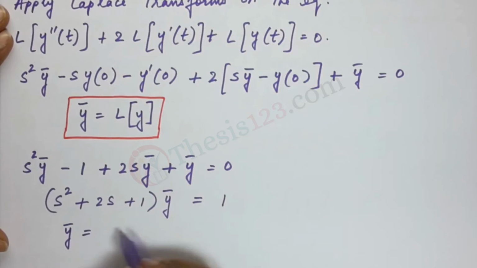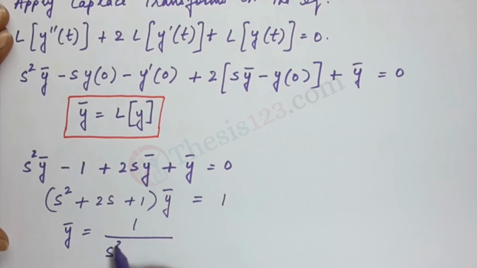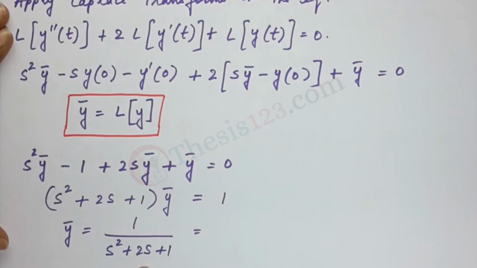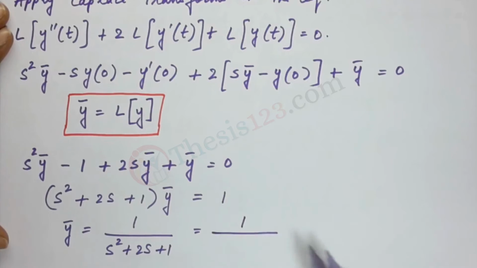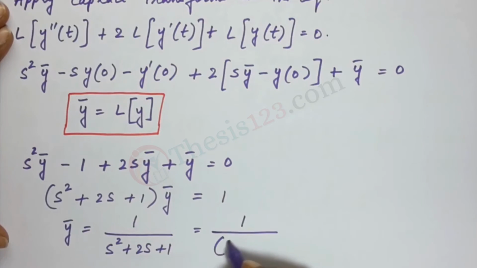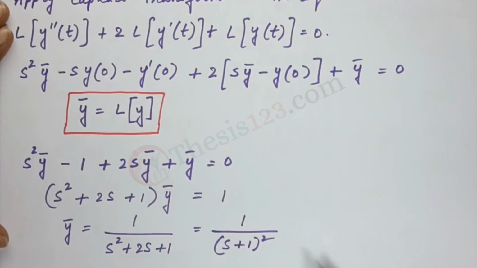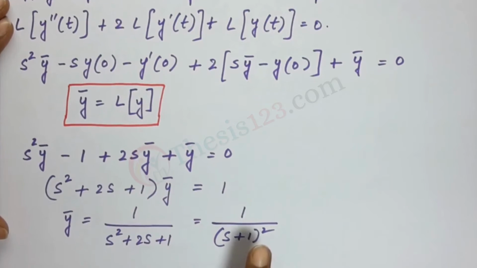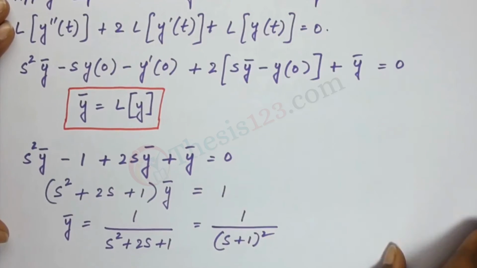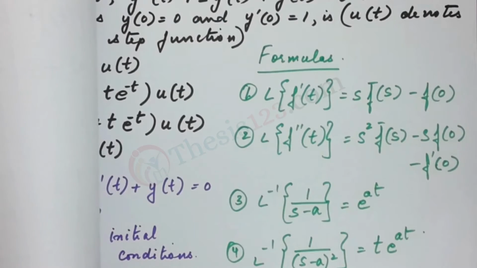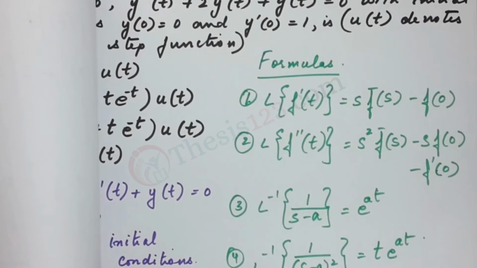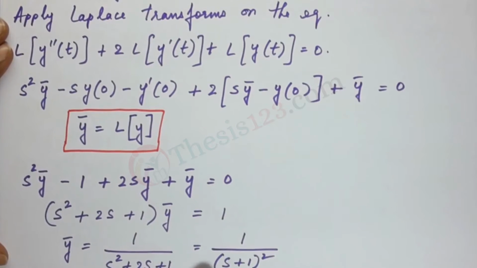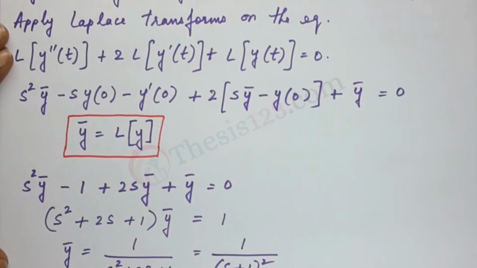Now y bar would be 1 divided by s square plus 2s plus 1. If we factorize this, we get s plus 1 whole square. Recall that I have written the formula here for 1 by s minus a whole square. We'll be using that in the next step. So we are going to apply Laplace inverse on both sides.